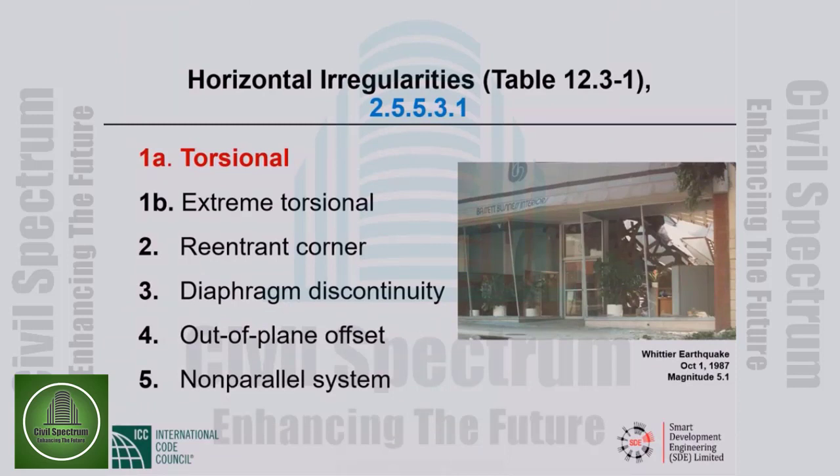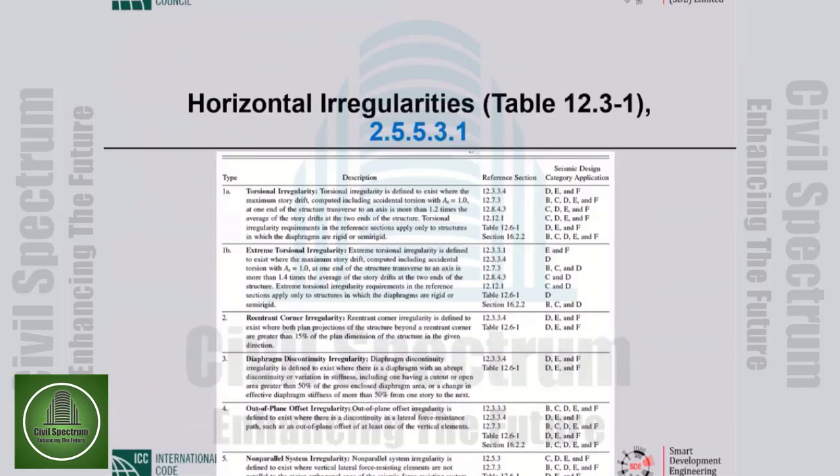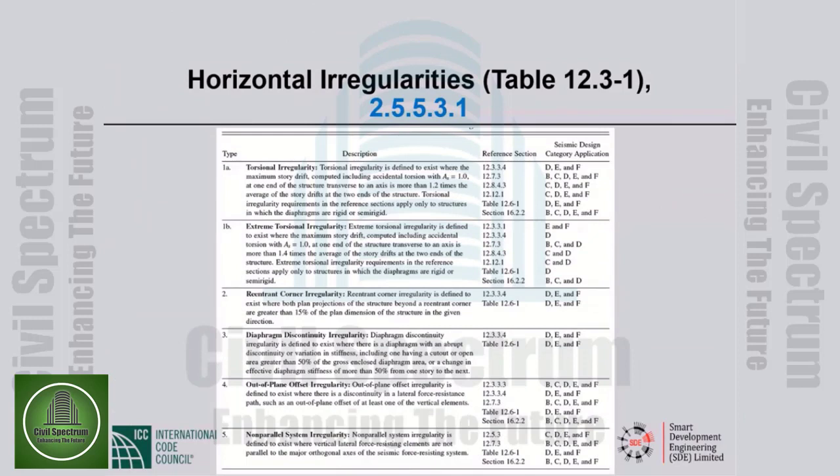Okay, now I will take the horizontal irregularities one at a time and share with you what it is that we are required to do in design. So this is the actual table of horizontal irregularities in ASCE 7-05. These are the descriptions of the different types, 1A, 1B, etc. This is the most important column.